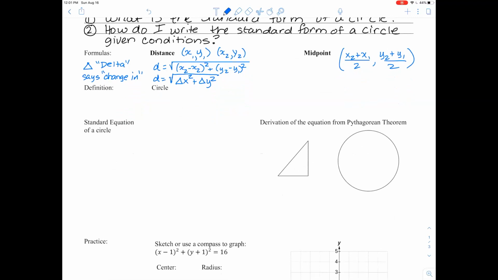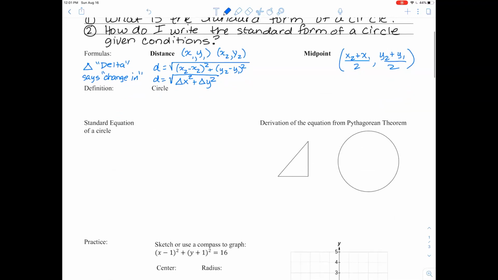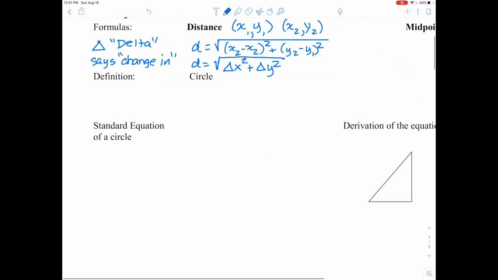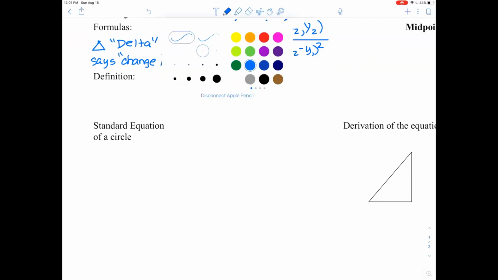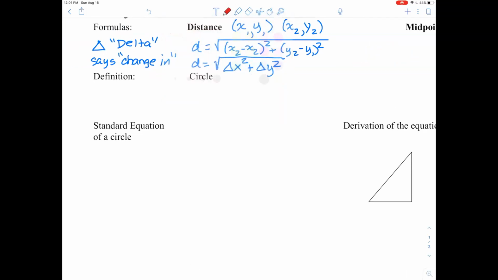Now let's talk about the definition of a circle and the conditions that have to exist for you to write the equation of a circle. The definition of a circle is a locus of points. Remember, a locus is just a collection.